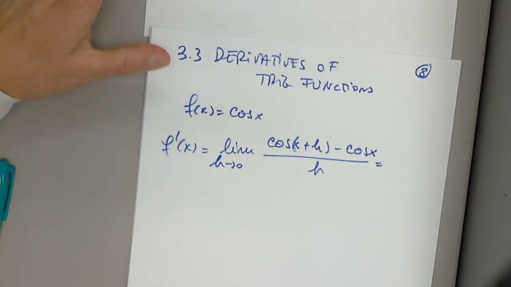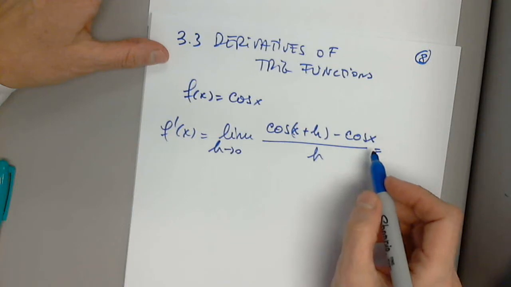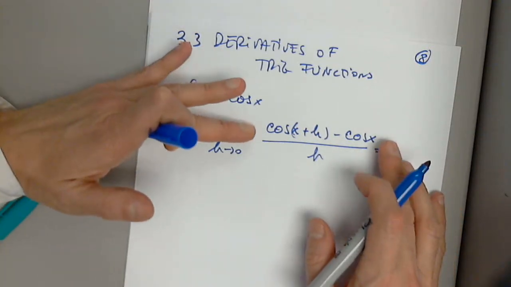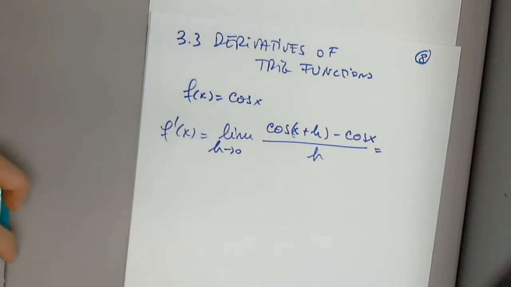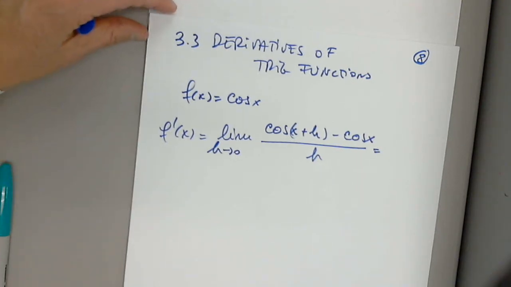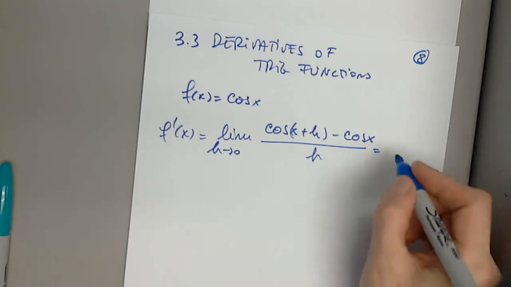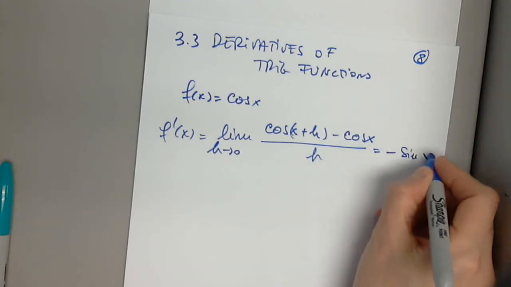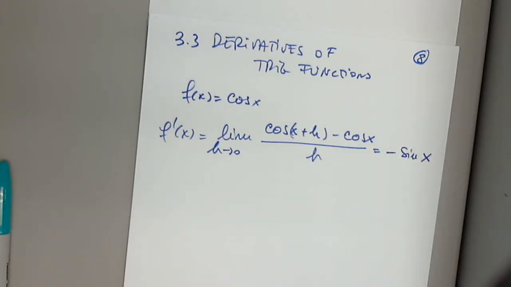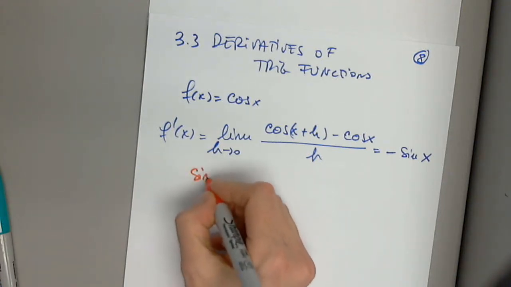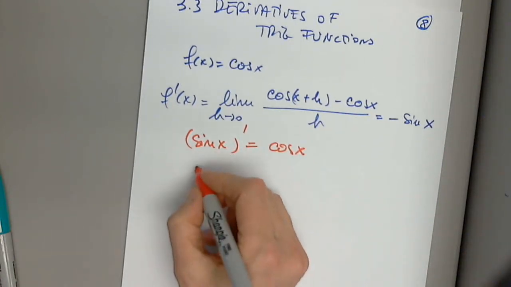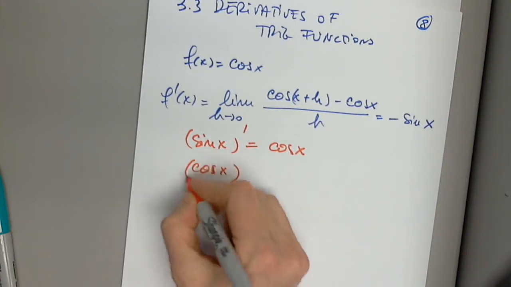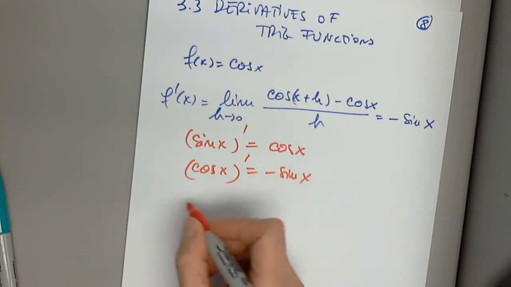So the derivative of cosine x requires a lot of trig identities. After class, if you are curious, we can sit down and I'll show you the proof of either sine or cosine. So the answer is negative sine x. So sine x prime is cosine x, and cosine x prime is negative sine x.